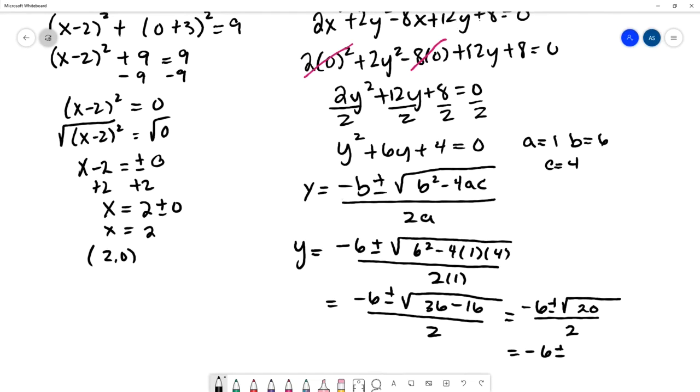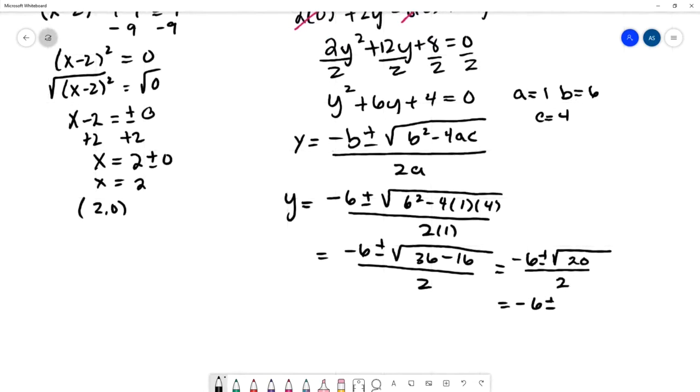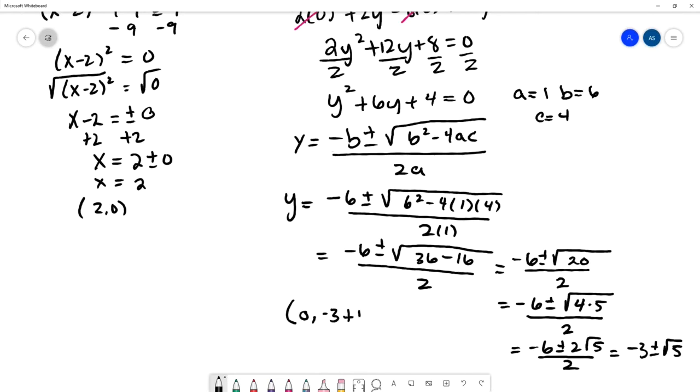And the square root of 20 can be simplified. 20 is 4 times 5. The square root of 4 is 2. And then we can simplify a little bit more, dividing 2 into each term. So that's negative 3 plus or minus square root of 5. So that would be our y-intercept. We have 2 of them: (0, negative 3 plus square root of 5) and (0, negative 3 minus square root of 5).